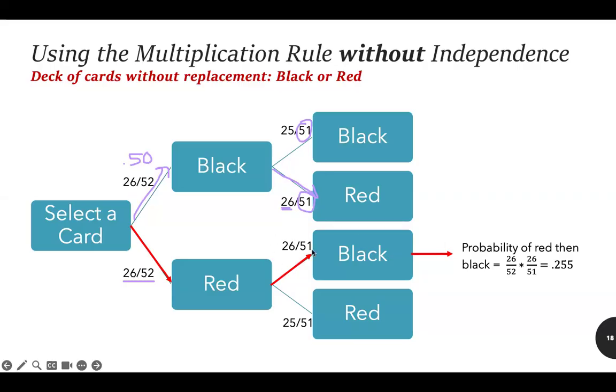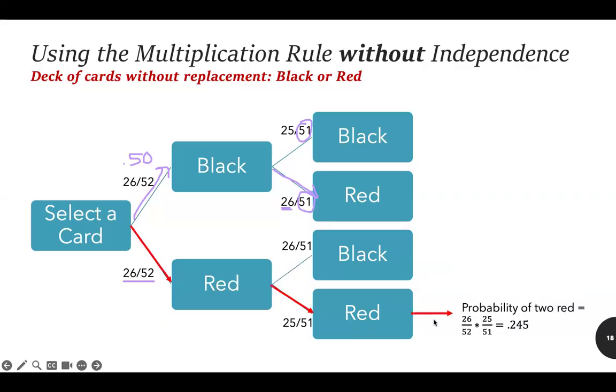I still have 26 out of 51, so getting that the second time is a little bit higher probability. But if I go to 2 reds, the probability of 2 reds is going to be slightly lower because I've already taken out a red that first time. So that's that idea of without replacement. If we didn't put the card back in, that reduces the amount that's left over.